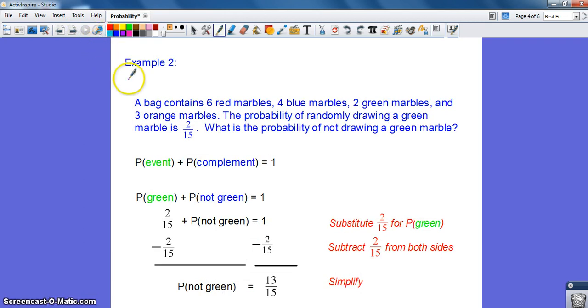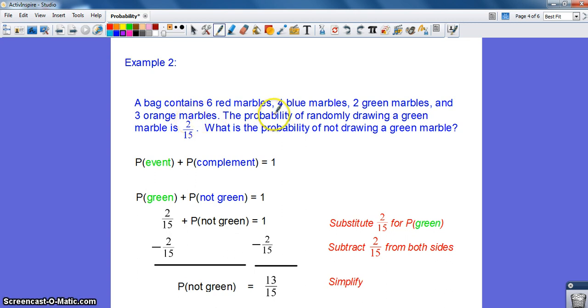Let's look at our example 2. We have a bag that contains 6 red marbles, 4 blue marbles, 2 green marbles, and 3 orange marbles. The probability of randomly drawing a green marble is 2 out of 15. They get that because they added up all the possible outcomes, which goes on the bottom, and the event, or what you want to get, is on the top.